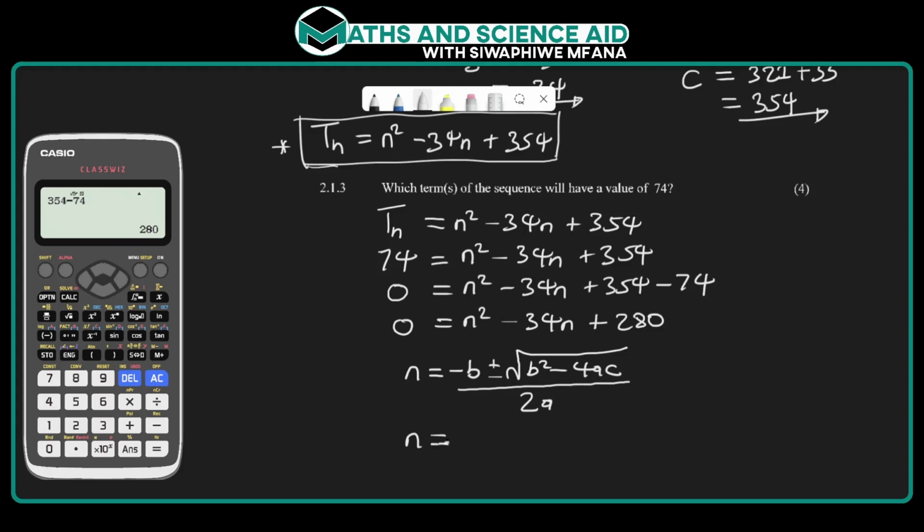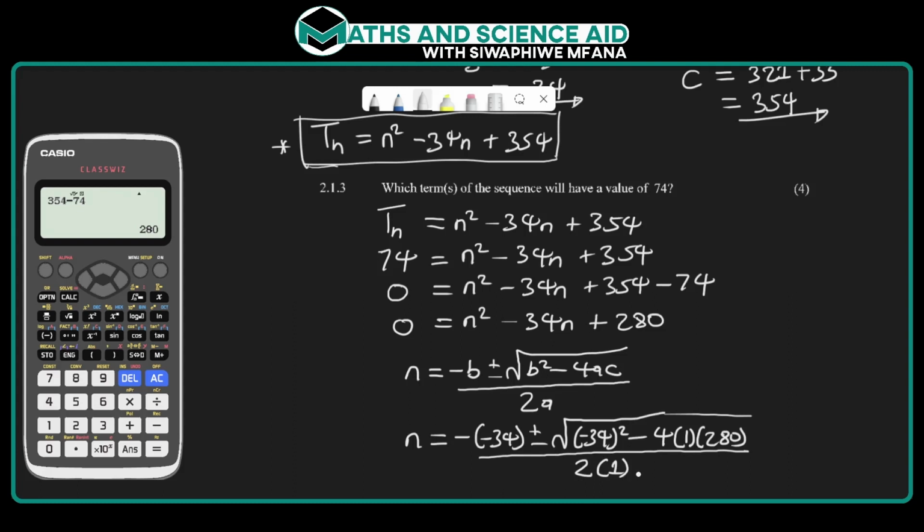And so n is going to be equal to negative b, which is negative 34, we have plus or minus the square root of negative 34 squared minus 4a, which is 1, multiplied by c, which is 280. Okay, and then we divide all of that by 2a, so we divide it by 2 multiplied by 1, because a is equal to 1.